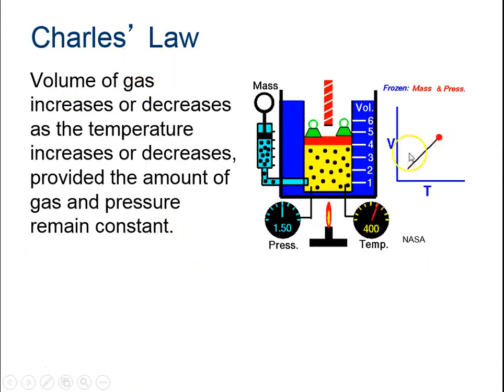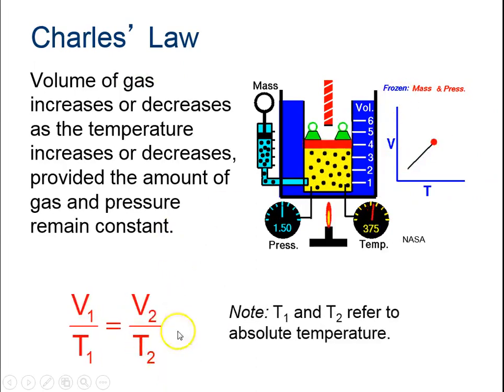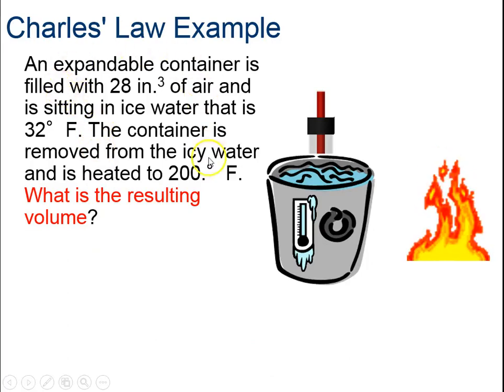Charles's law does volume and temperature. These are proportional. As the temperature goes up, the volume does too. Here's our formula. You want to write this down. Do notice that the temperatures have to be absolute. So we have a problem again, and we're again talking about initial and final.